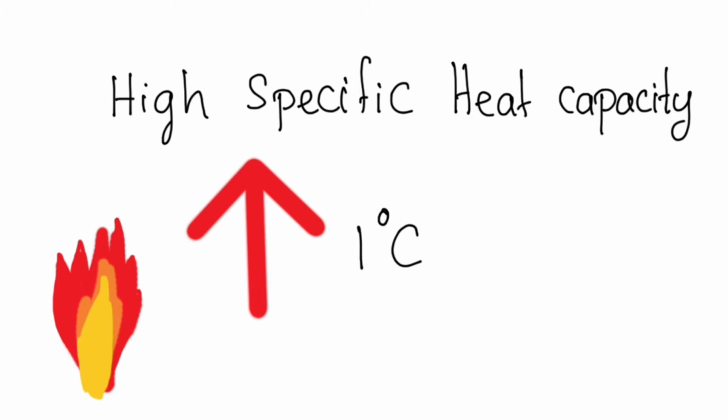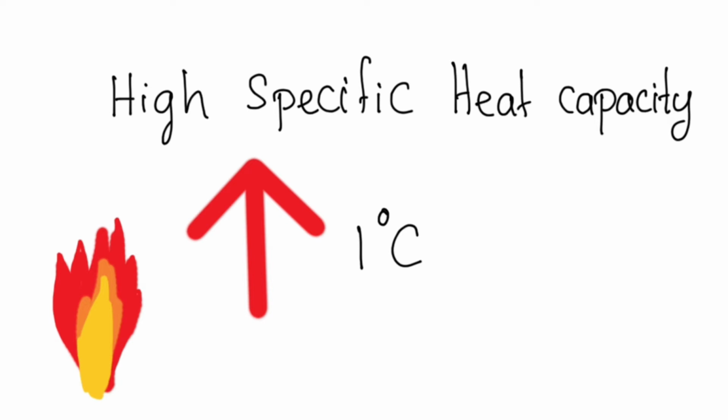Heat capacity means the amount of heat energy needed for something to increase or decrease its temperature by 1 degree Celsius. Water needs a lot of heat energy to increase the temperature by 1 degree Celsius. Because of that, we say that water has a high specific heat capacity.